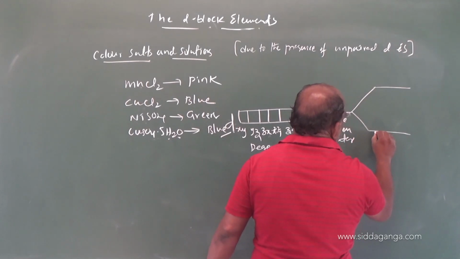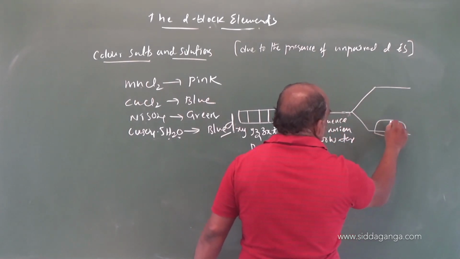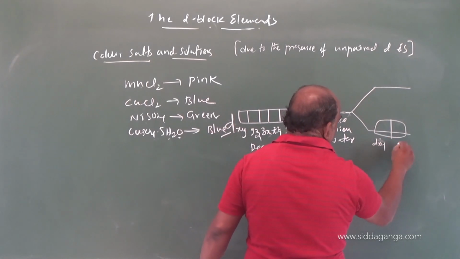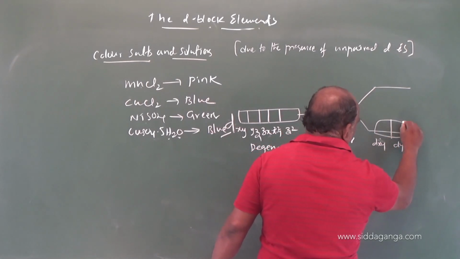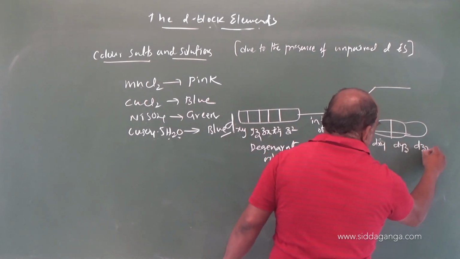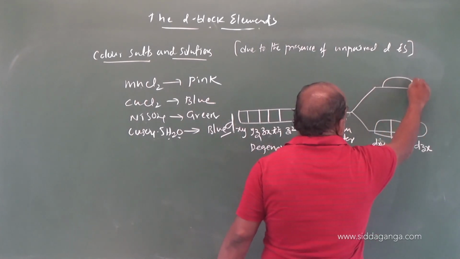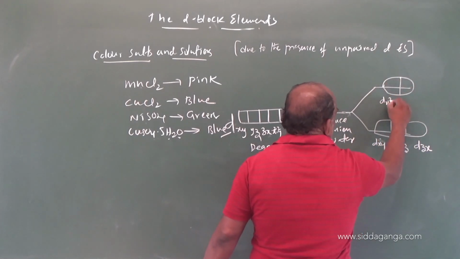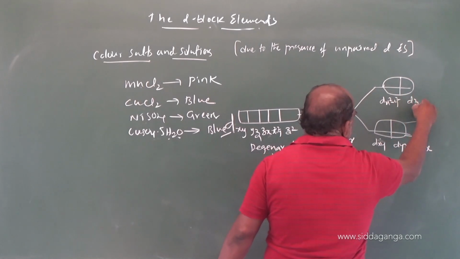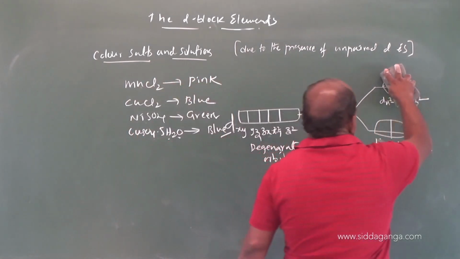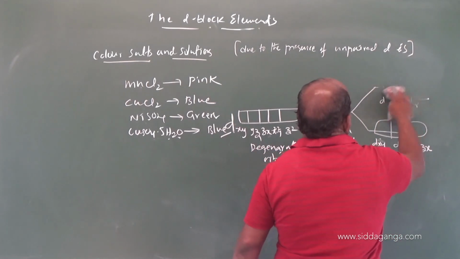These are dxy, dyz and dzx. These are dx square minus y square and dz square. Clear?